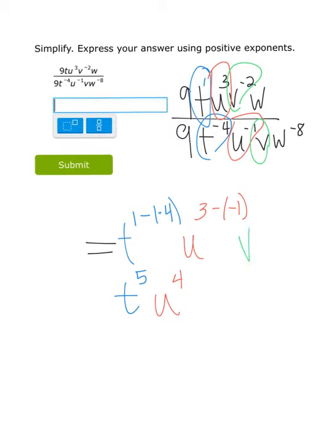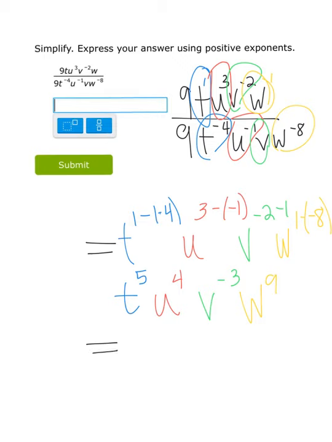So this would be v to the negative 2 minus 1, which is v to the negative 3. And then finally I have w to the 1 minus negative 8. Which is w to the 9th.